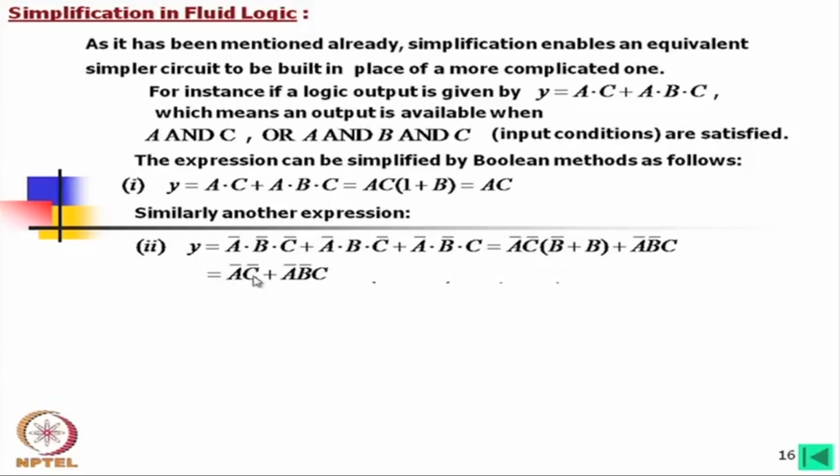So, this becomes A bar C bar plus A bar B bar C, and finally we get A bar, then C bar plus B bar C, which is C bar plus B bar, because if suppose C is equal to 1, then C bar will be 0, and whatever the B bar is, that will be the value there. And similarly, if you analyze this one, these two will give the same result.